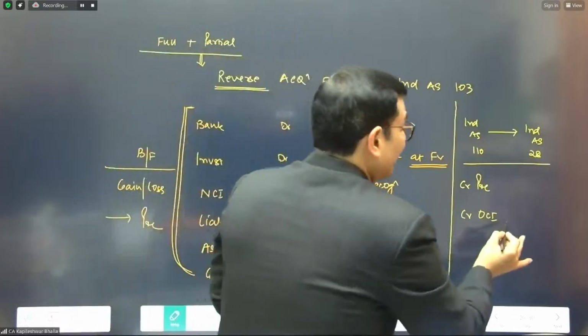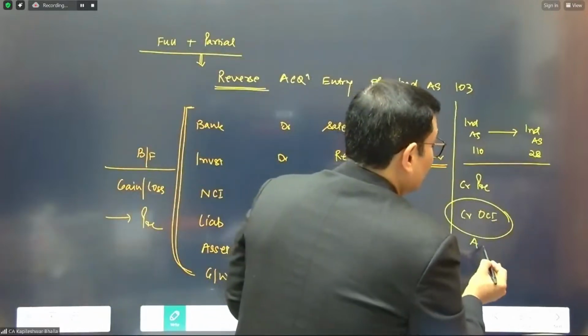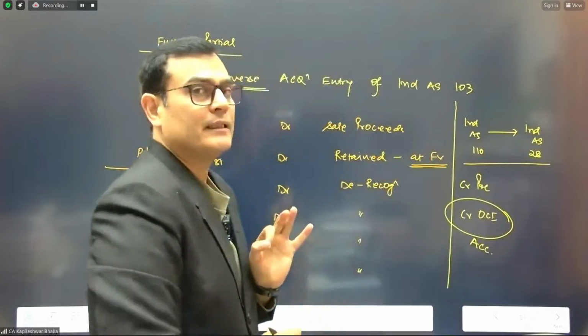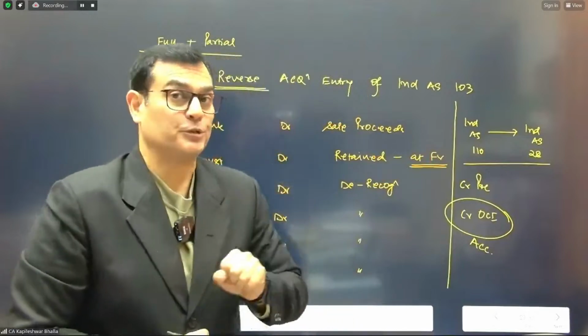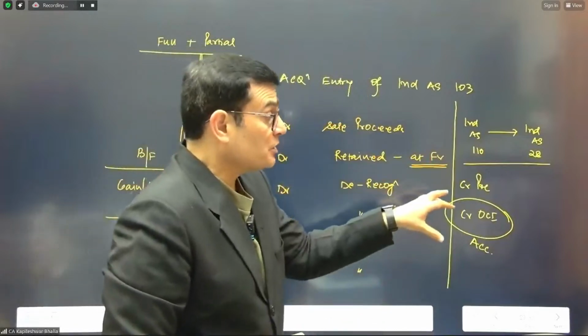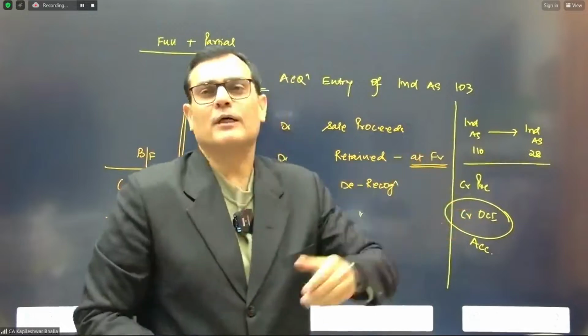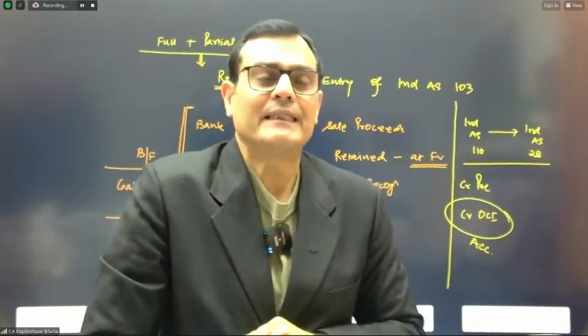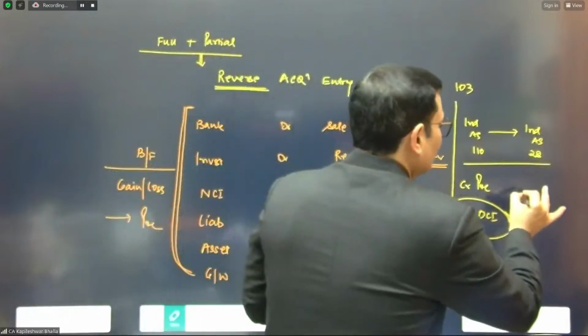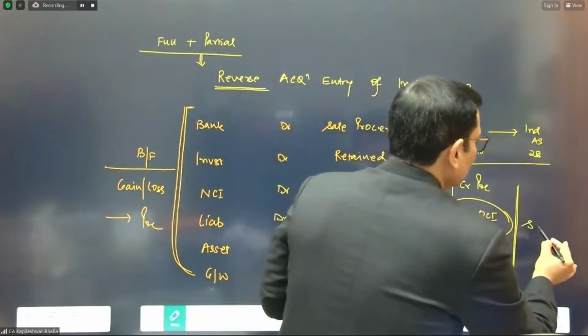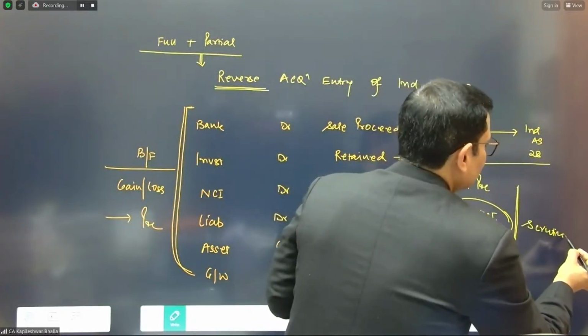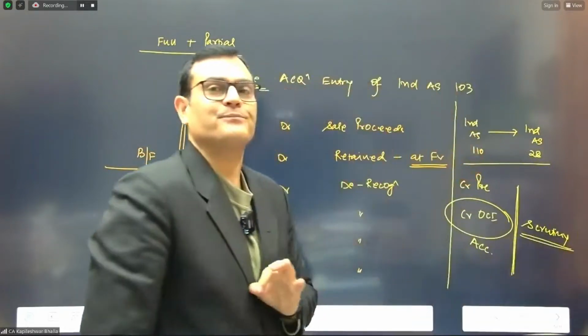So there may be accumulated OCI balances in the books of accounts due to consolidation. So the question arises, when you go to Ind AS 28, what do you do with this accumulated OCI? We will do a scrutiny of this accumulated OCI.